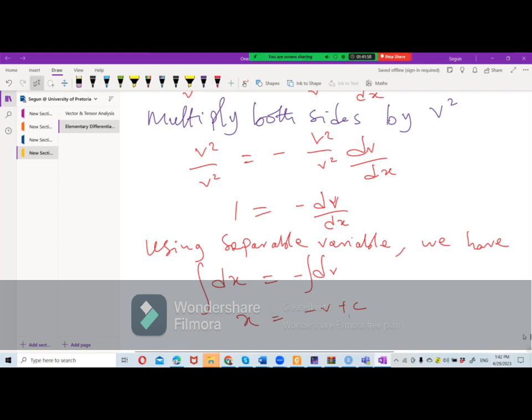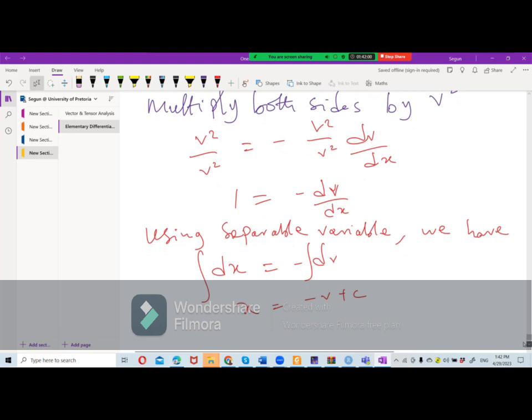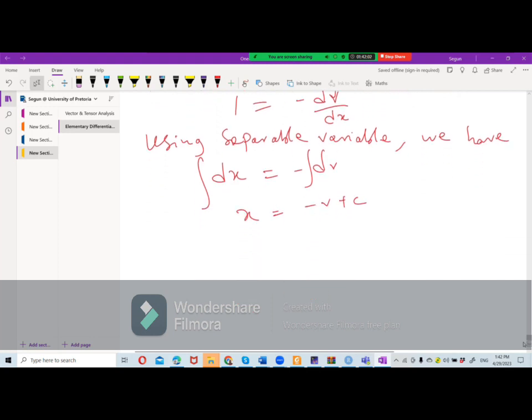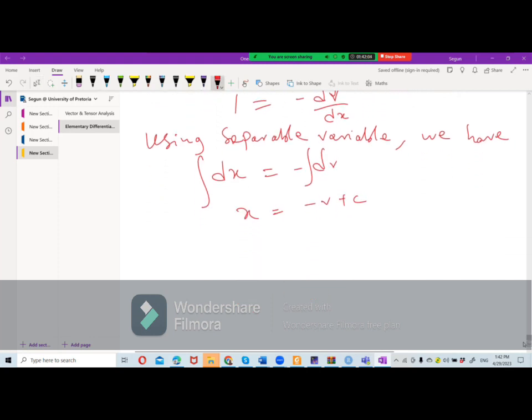Now that we know our f is this, our v is equal to minus x plus c. Therefore, y is equal to x plus 1 all over v.